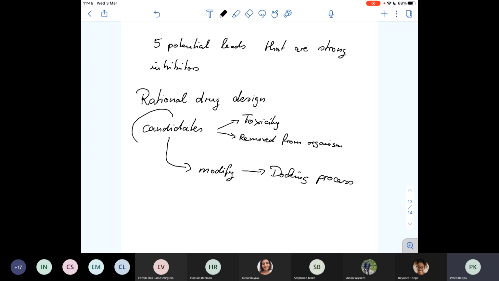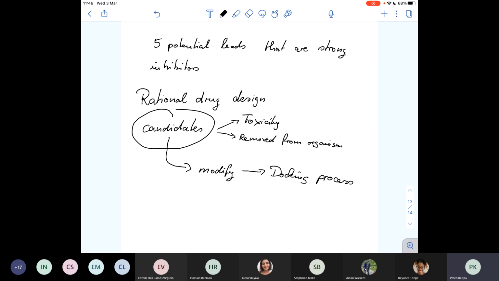And again, there are several tests that you can do, and there are certain criteria that you can use for these candidates. And just in case you wonder, this is exactly what you are currently doing in the BI301 skills module, skills for bioscientists. You are testing a series of candidates in the assessed practical. So you are testing for, does this drug actually kill cells?